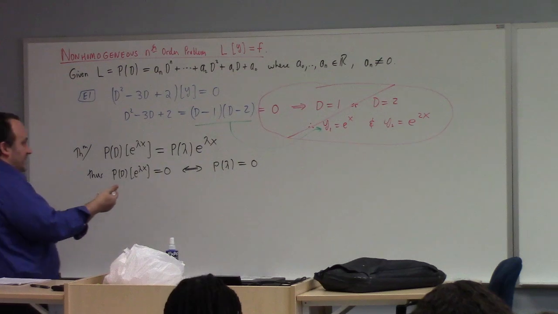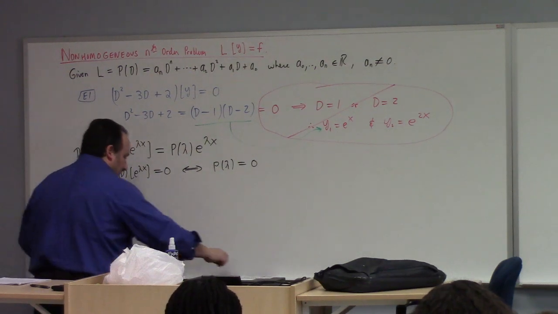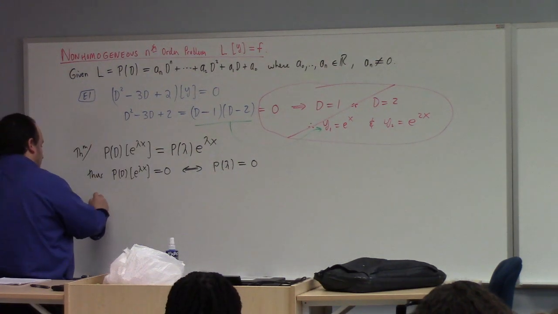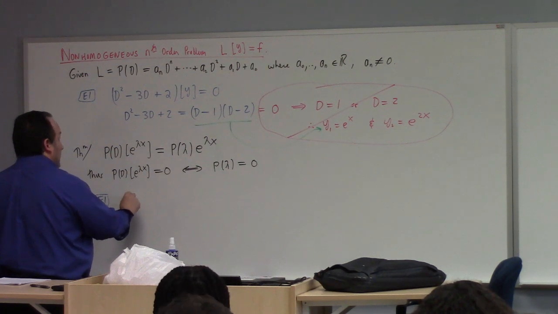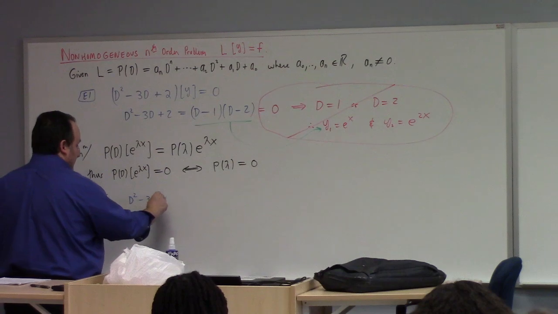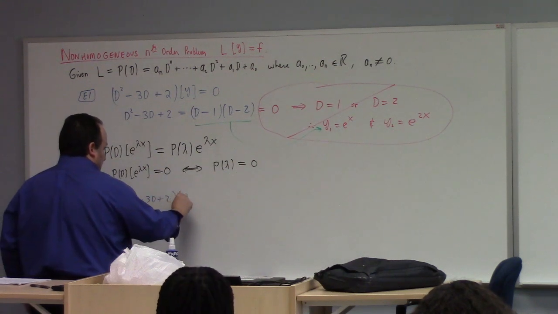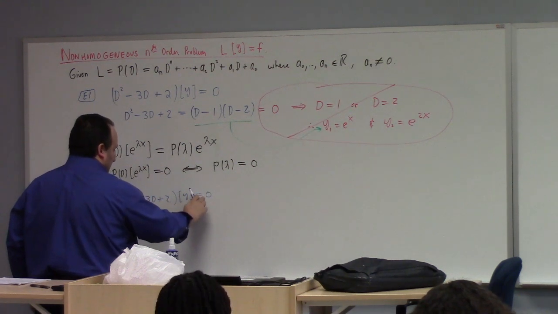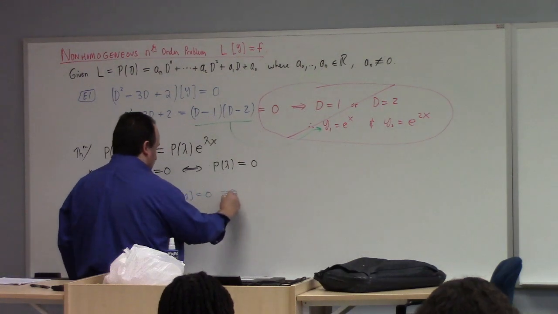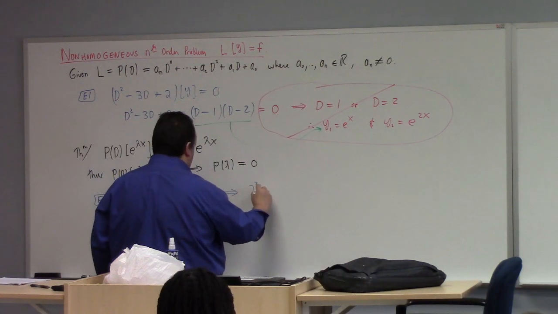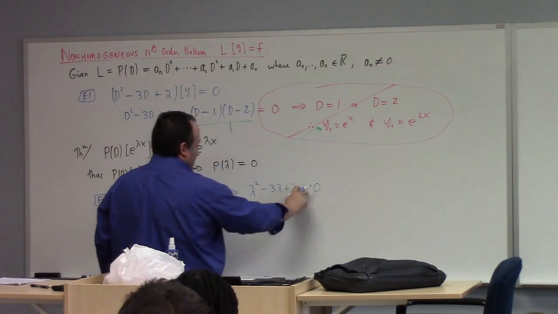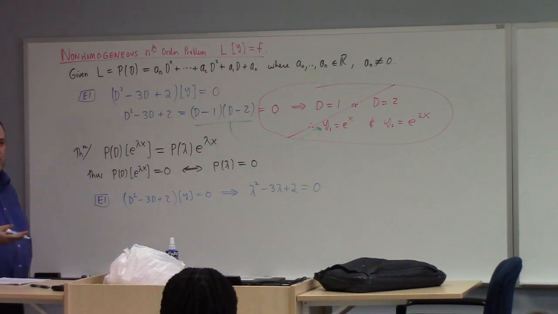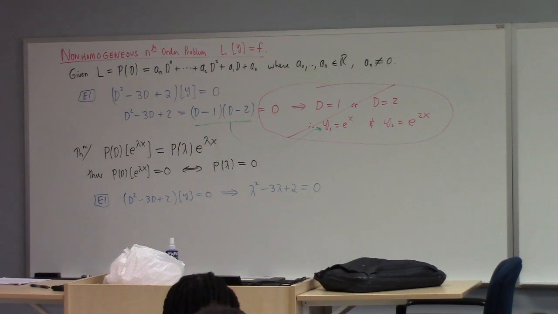And so I could write things like, going back to my example 1, here's another take on example 1. So I've got my D squared minus 3D plus 2 acting on y equals 0. I take that and I write down lambda squared minus 3 lambda plus 2 equals 0. This is the so-called characteristic equation of the problem.